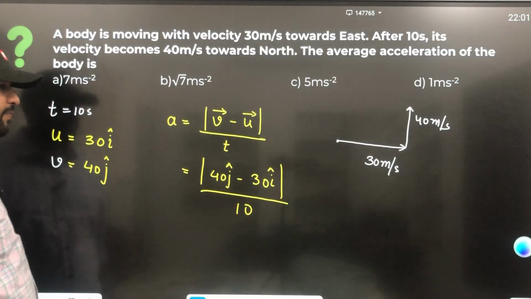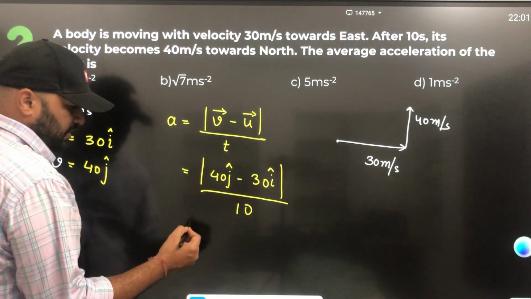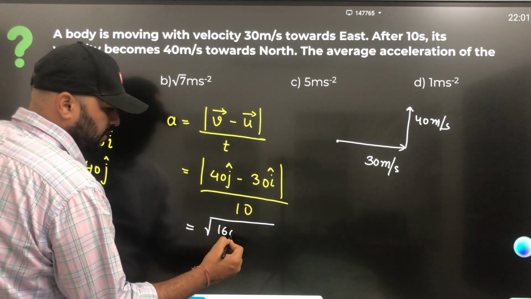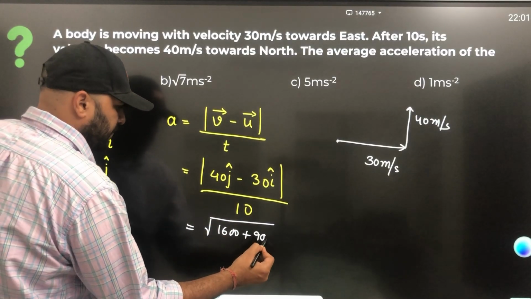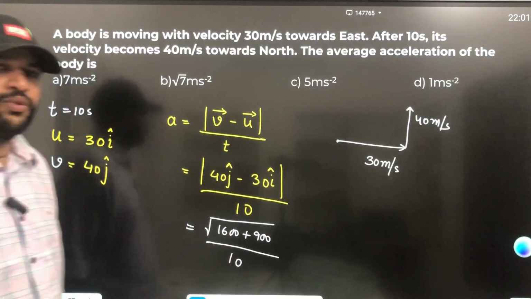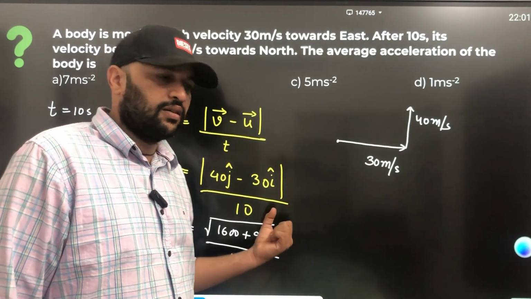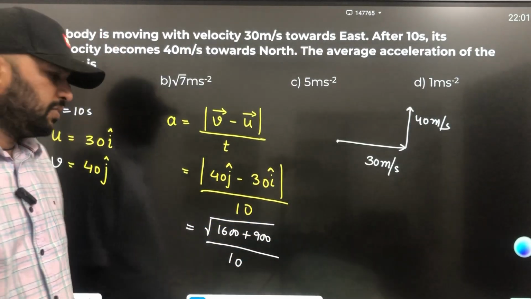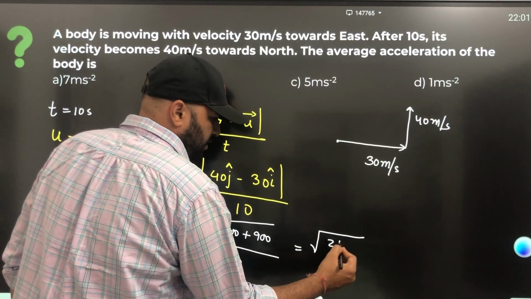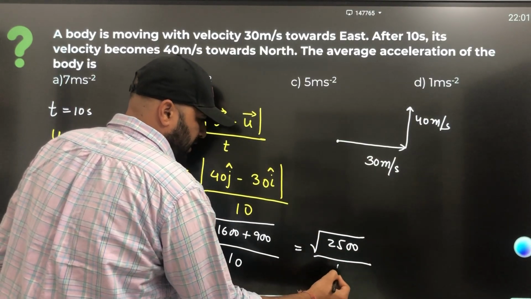I hope this is clear. Now we can find the magnitude: root under 1600 plus 900, whole divided by 10. Okay, I hope you know how to figure out the magnitude of a given vector, root under a square plus b square, right? So that will give me root under 2500, whole divided by 10.